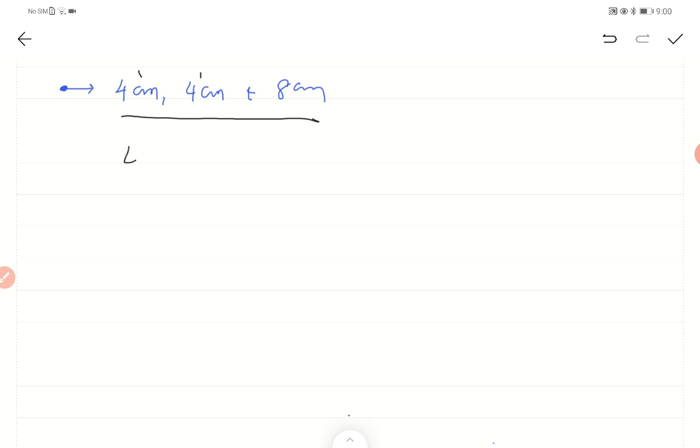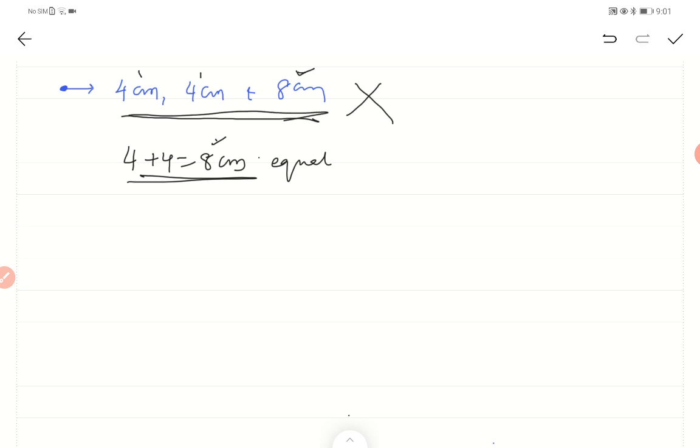If I take 4 plus 4, I get 8 centimeter, which is equal to the third side. So what was our rule? It should actually be greater. Since the sum is not greater than the third side, you cannot construct a triangle using these measurements.